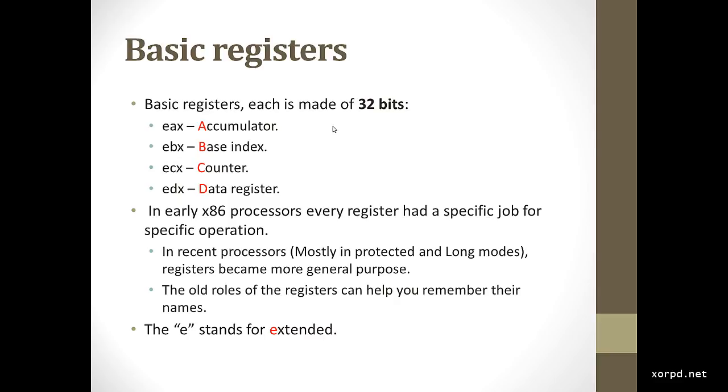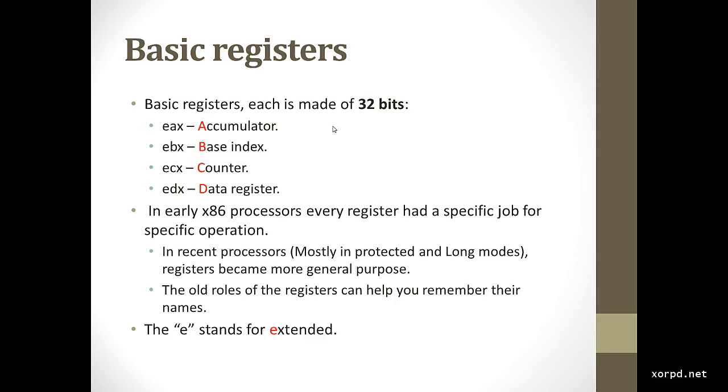You can learn from this that those 4 registers used to be very important for specific roles. For example, EAX used to be very good to add numbers and keep the result. And ECX was very good for counting things, maybe counting forward or counting backwards.